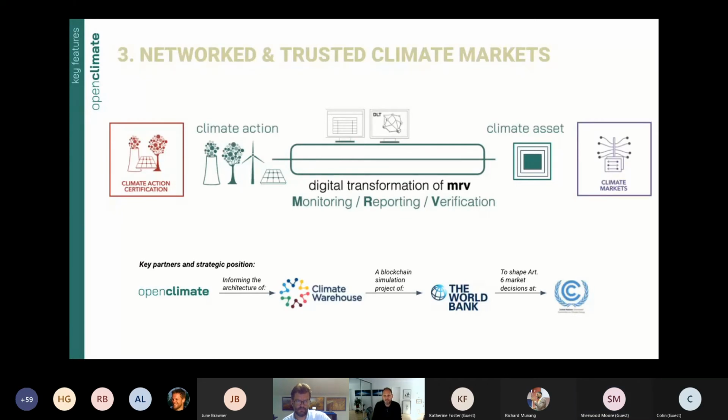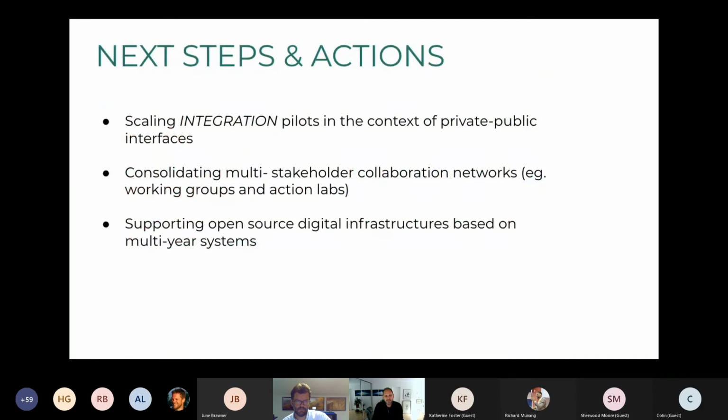Slide 40 shares a bit of the outcomes of this, from the point of view of critical next steps and actions. There are a lot of pilots going on and a lot of POCs from a technology standpoint, but the main thing we need, I think, at the moment is to bring in a level of integration pilots.